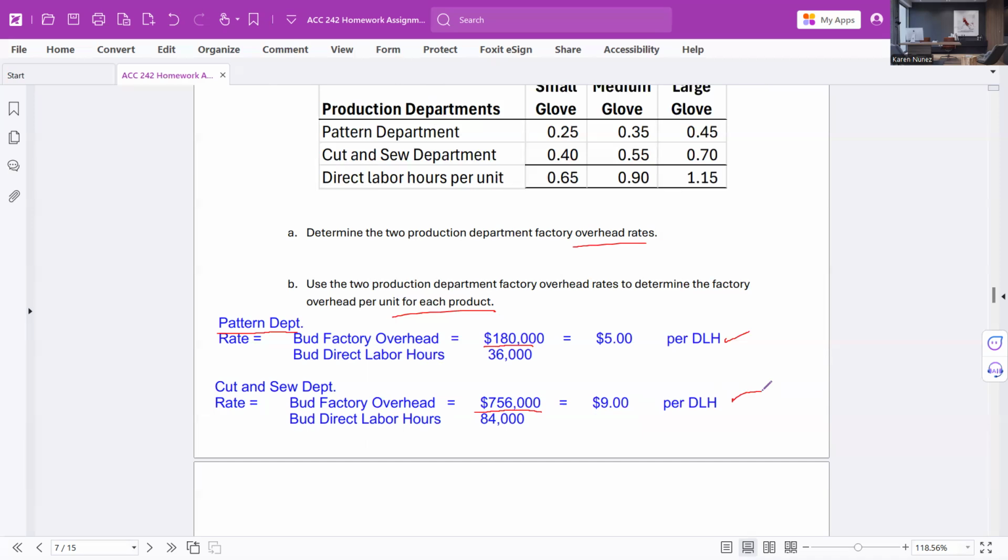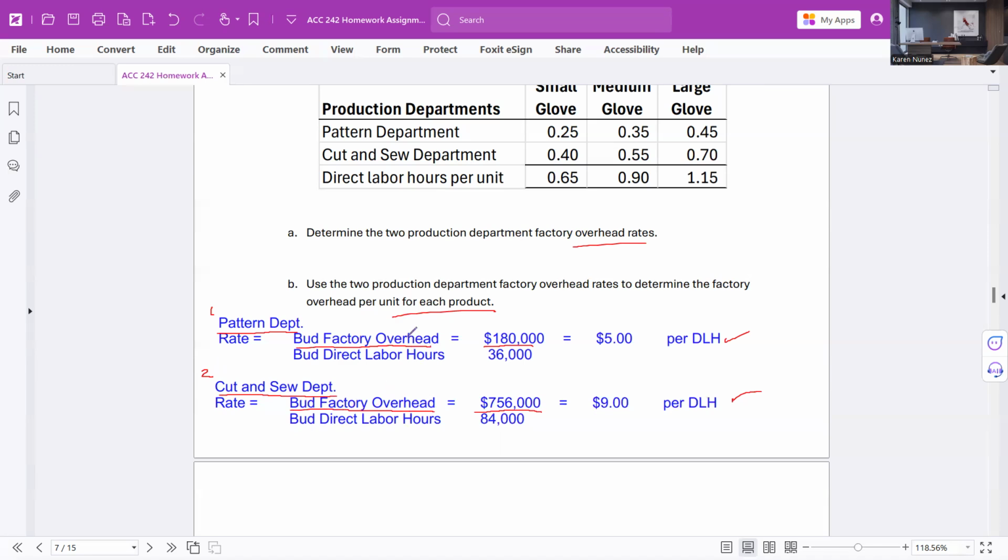So again, we've got 3 products and 2 departments. One is the pattern department, two is the cut and sew department. But the way we find a rate is the same. It doesn't matter whether it's a single rate or departmental rates or ABC rates. It's always going to be the budgeted overhead divided by the allocation base.